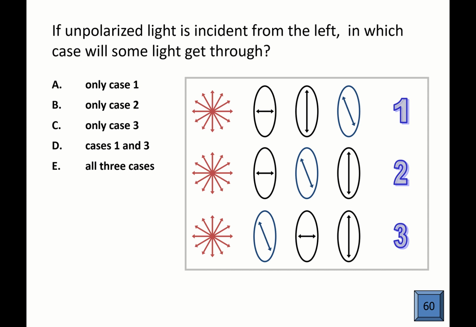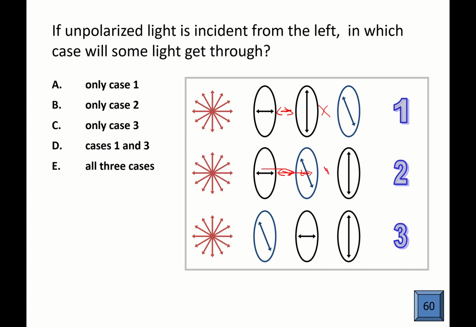What happens if I've got polarizers that are crossed and I put in a third polarizer? In example 1, the light that gets through the first polarizer is going to be horizontally polarized. Nothing's going to get through the second one. In situation 2, the light that gets through the first polarizer is horizontally polarized, and then some of it is parallel and some of it is perpendicular to the second polarizer axis.